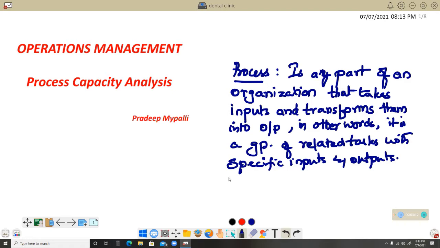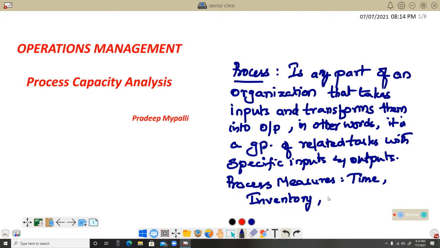Second one, we can consider process measures. It can be time, it can be inventory, or it can be throughput.